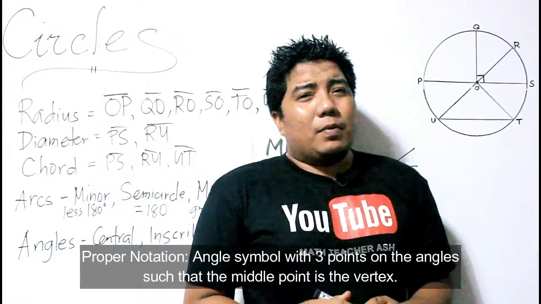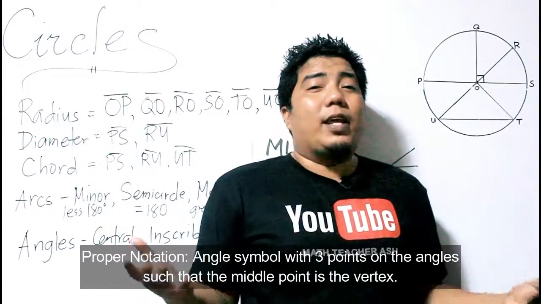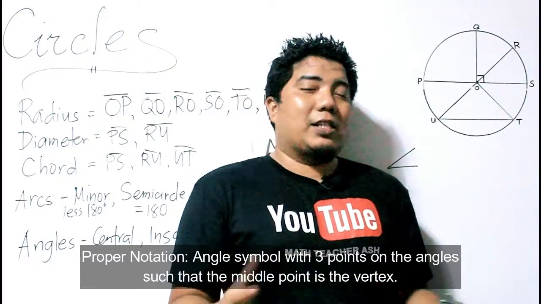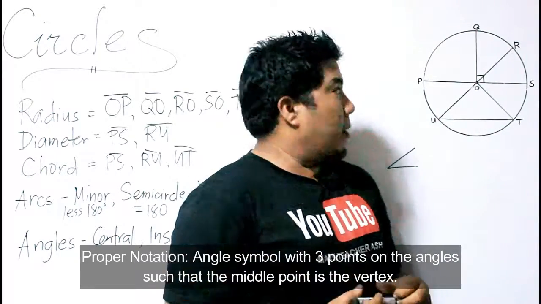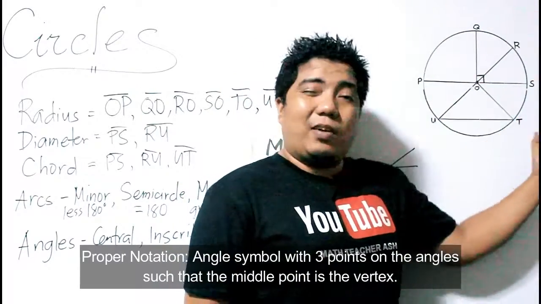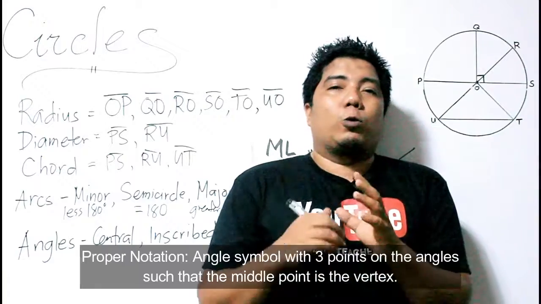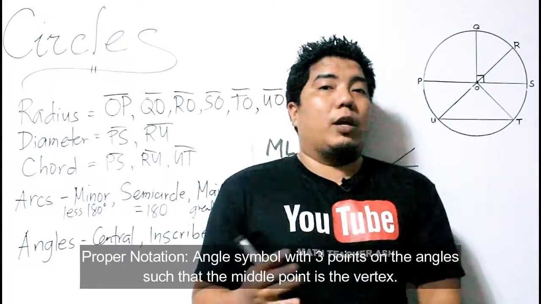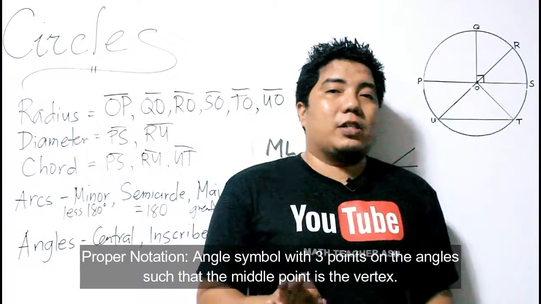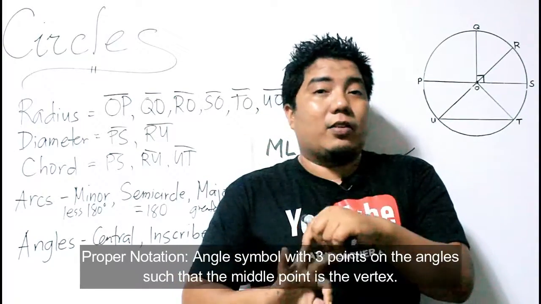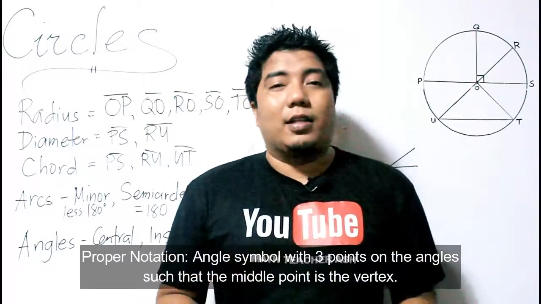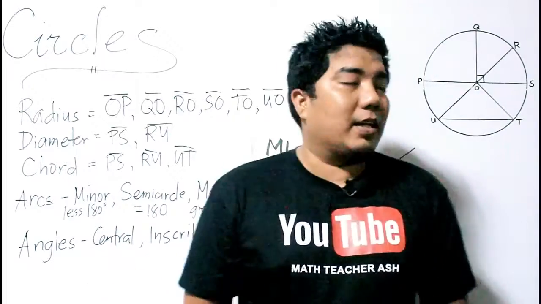Now, in geometry, we know that we can name an angle by the use of one letter, its vertex, but I discourage you to do so, because if you try to name an angle with just one letter, it would give you a very difficult way to distinguish what angle you are talking about. So, to make sure, you can use three letters such that the middle letter or the middle point is the vertex of your angle.